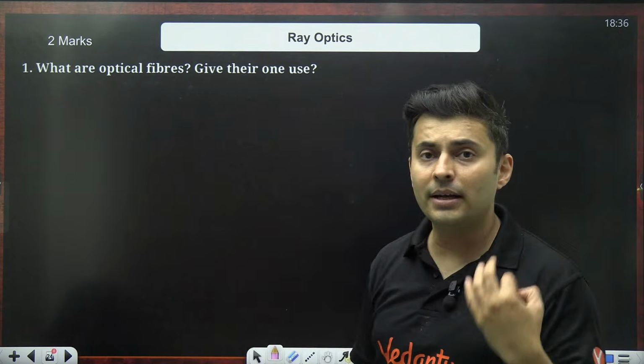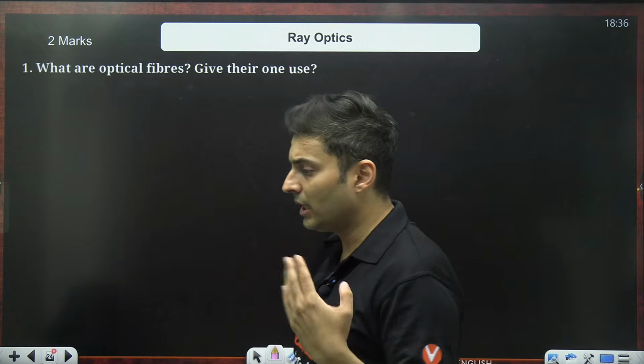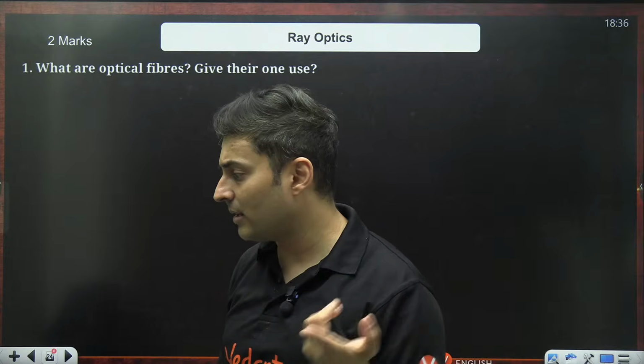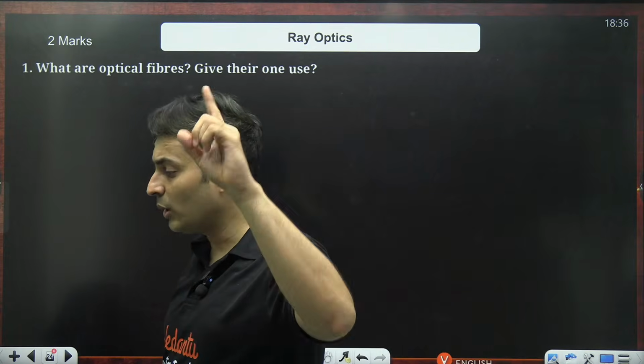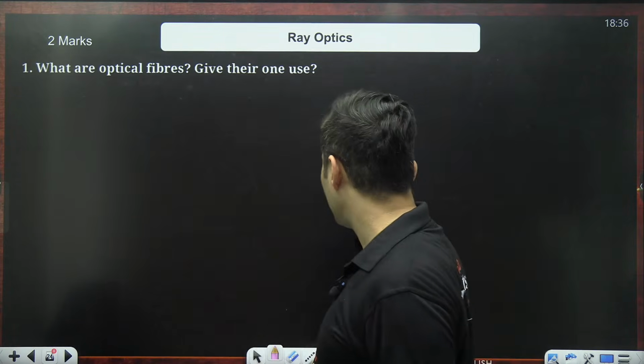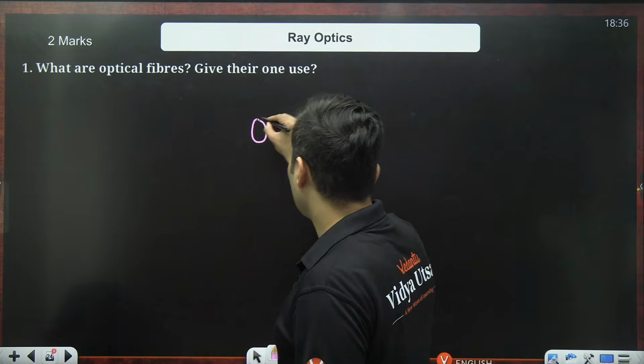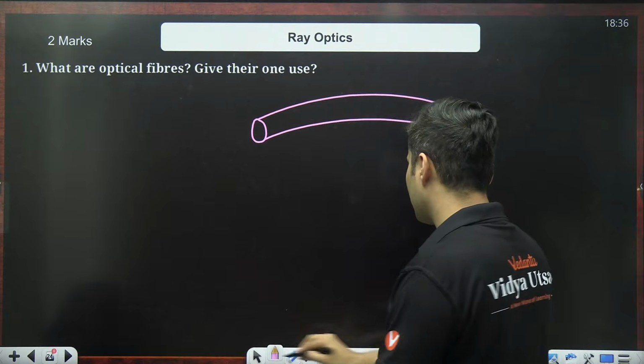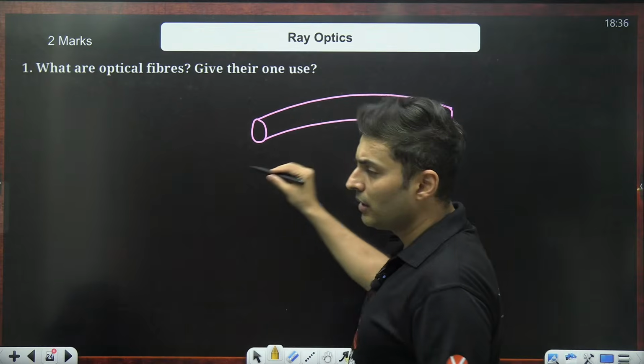They are used for optical fiber communication, telecommunication. The material is of a very high refractive index, and they work on the principle of total internal reflection. So you can show an optical fiber like this. It's made of a very high refractive index, thin, long, clear glass.